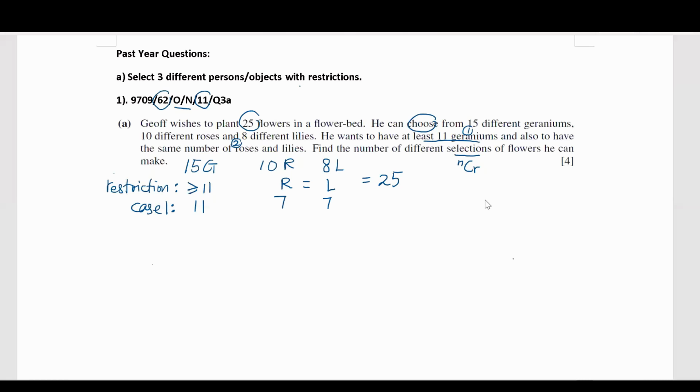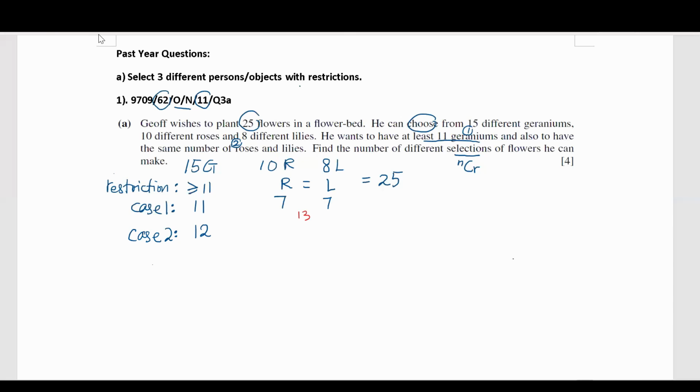So I try to list out case 2 before I consider the number of ways. Case 2. So let's say we try to consider 12. Is it possible to have 12 geraniums? It is not possible. Why? If we have 12 geraniums and in total we need 25 flowers, that means we still need 13 flowers from roses and lilies.